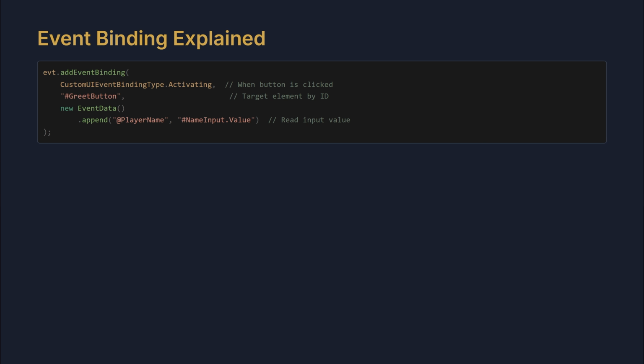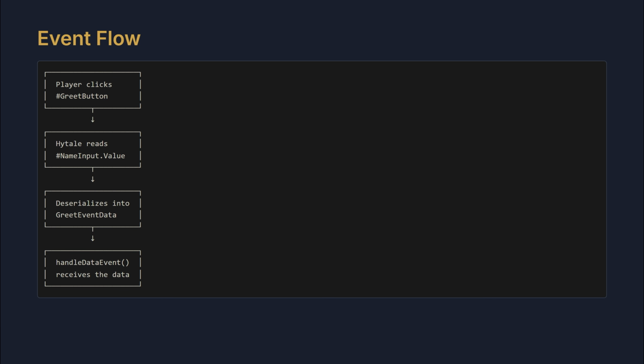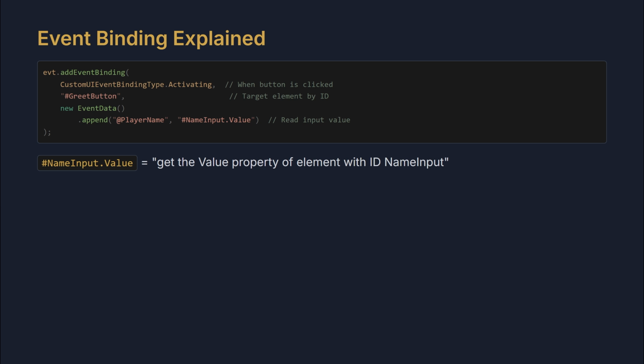We have event binding, which basically says, hey, hashtag name input dot value. This is our text field. Get the value property of the element with ID name input. Get the target element by ID and add a new event data. So event data is different from greet event data.